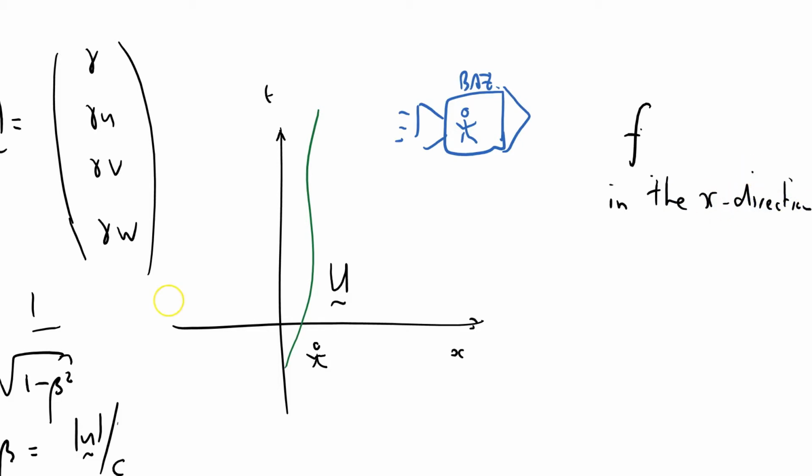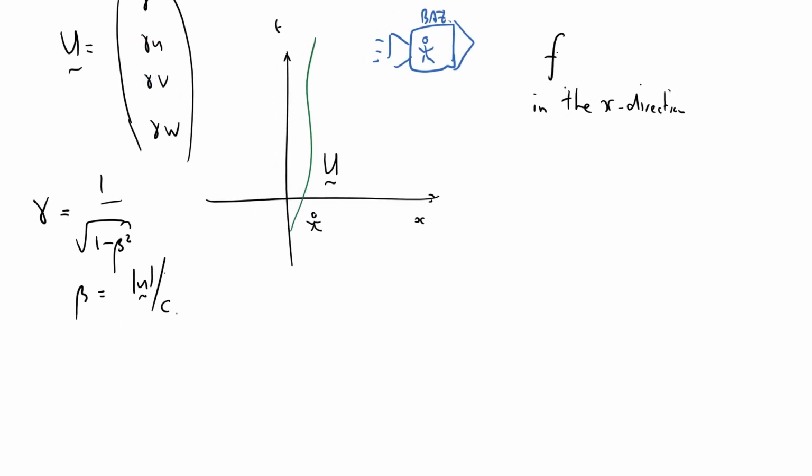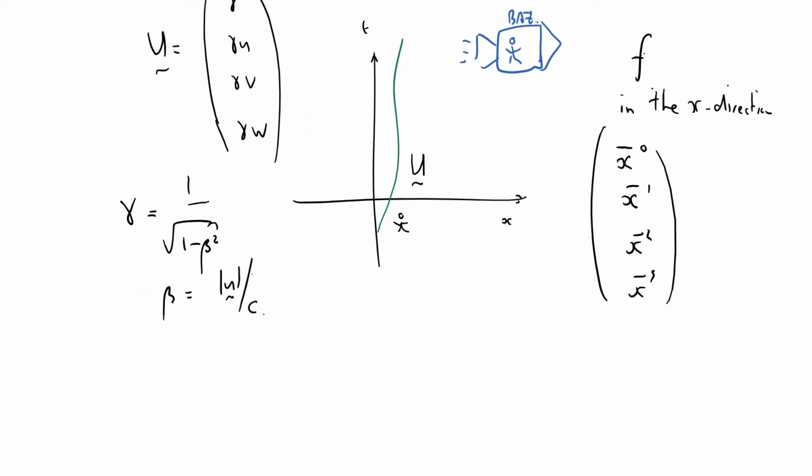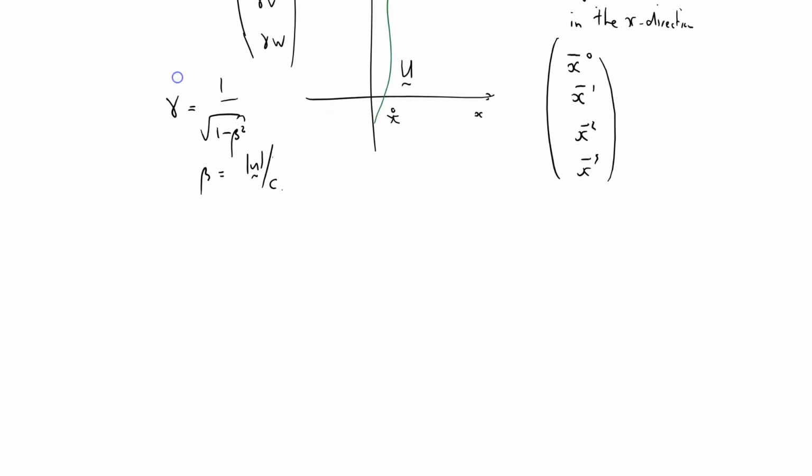So there he is. And what I want to know is, how does Baz, who of course has a barred coordinate system, x bar 0, x bar 1, x bar 2, x bar 3, how does Baz perceive this situation? What are the components of the 4 velocity for Baz?